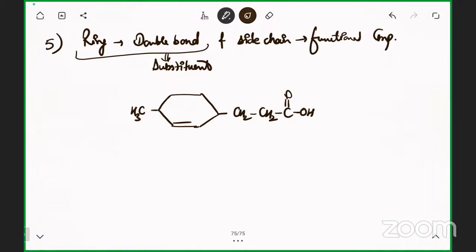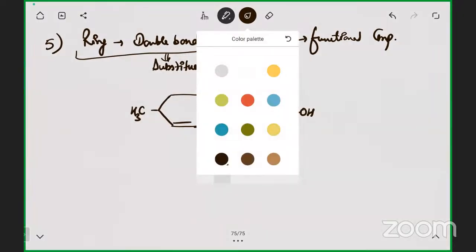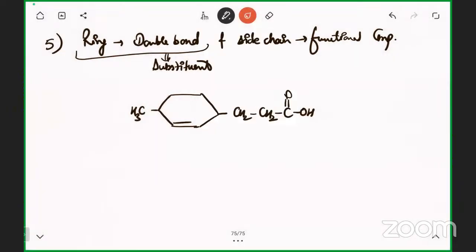So which side should I give the priority according to the above rule? See, it is none of the matter of the side chain right now. The matter is of the functional group. The functional group is present in the side chain, so I'll do the numbering from the side chain first. Okay, see how I'm doing the naming. First, second, third. So all this will be considered as the substituent.